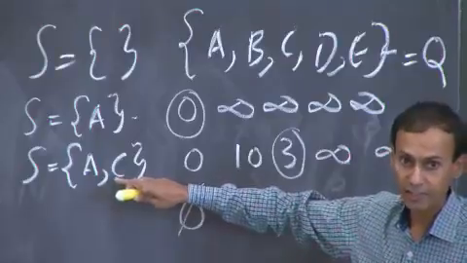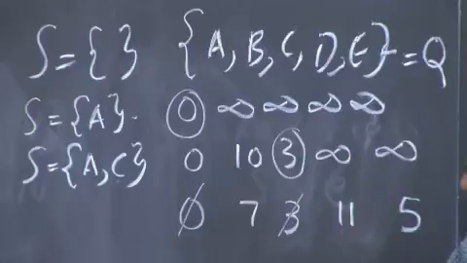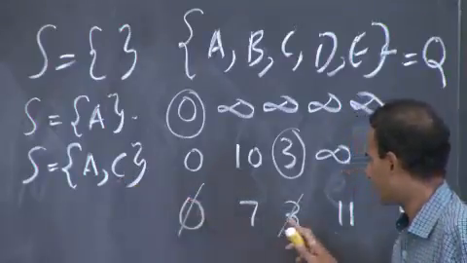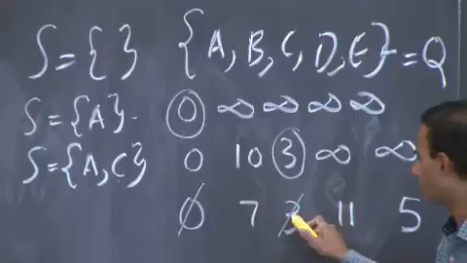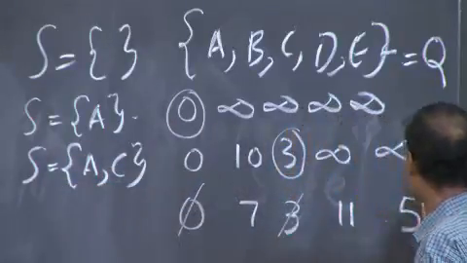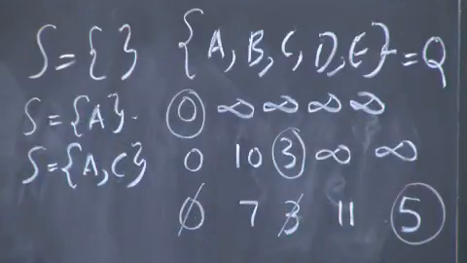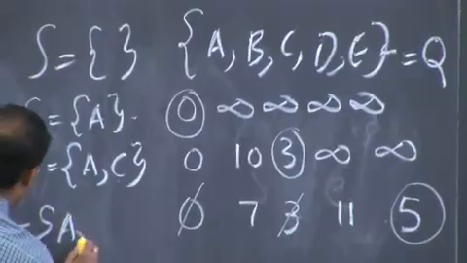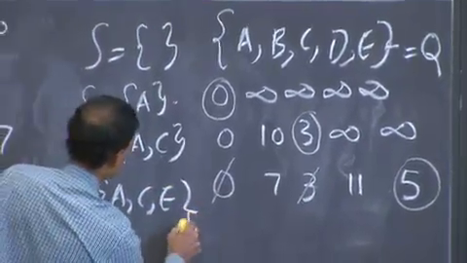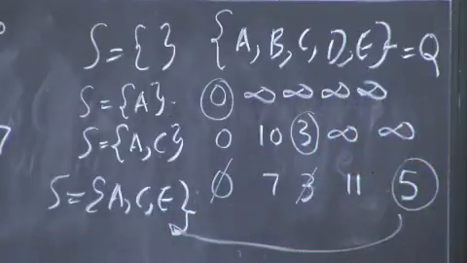Dijkstra essentially guarantees, and that's the proof of correctness, which takes a bit of doing, that this value is never going to reduce anymore. The 3 value is never going to reduce, and it's been put into S. But what's remaining now is 5, and that corresponds to the E vertex. So S becomes A, C, E. The 5 gets stuck in there, and so on and so forth. All right? So that's Dijkstra. And now let's talk complexity.